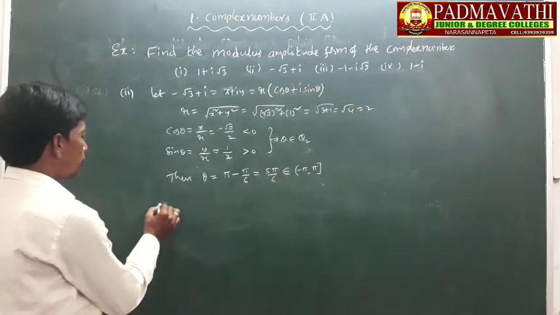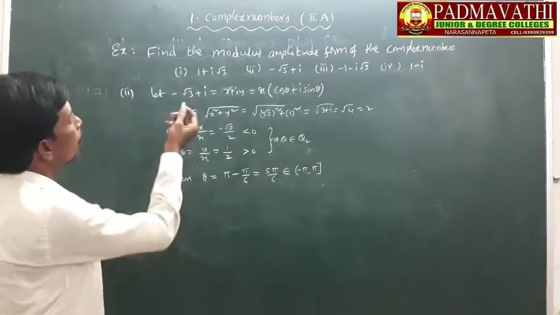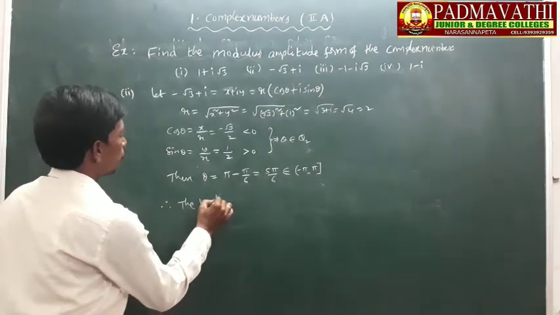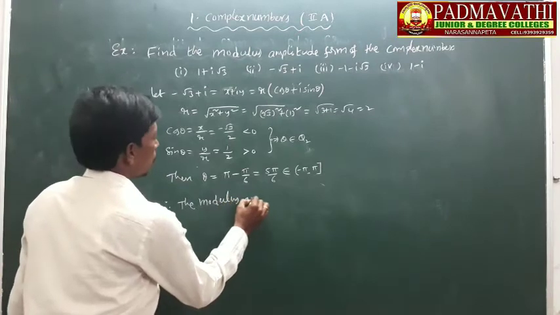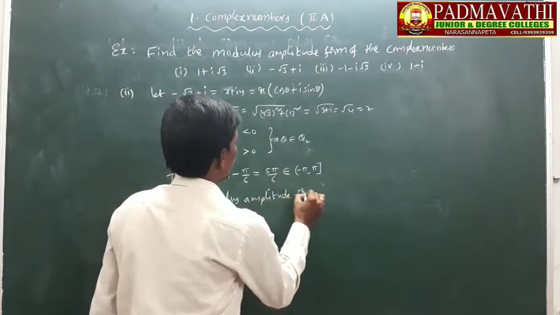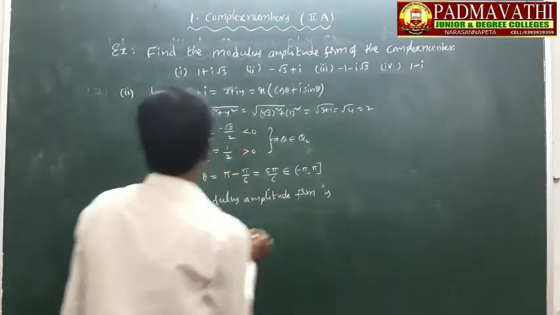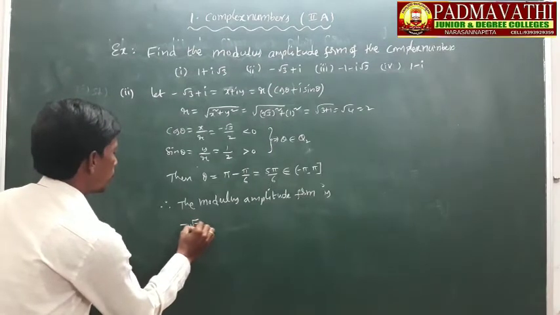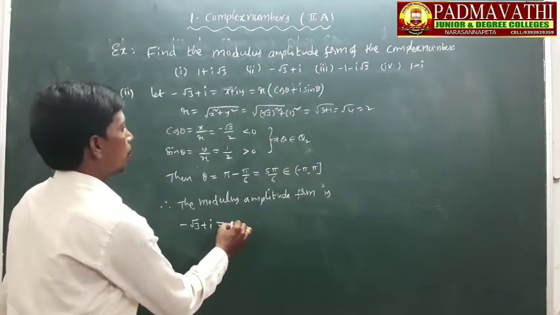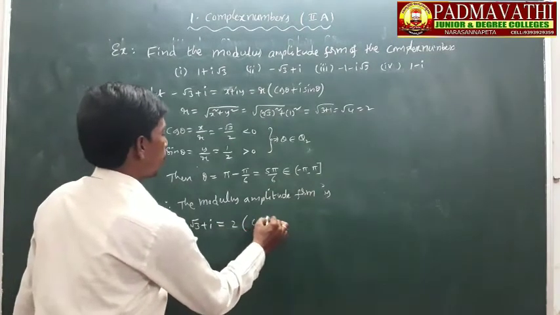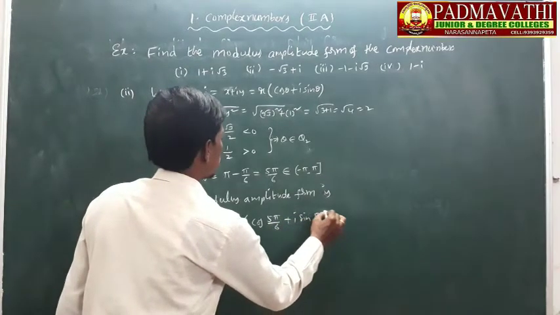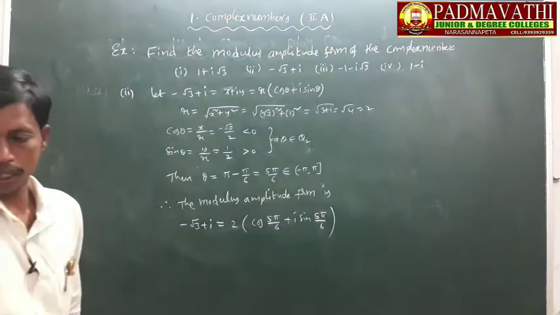So therefore the modulus amplitude form of minus root 3 plus i is equal to 2 into cos 5 pi by 6 plus i sin 5 pi by 6. Next, third one.